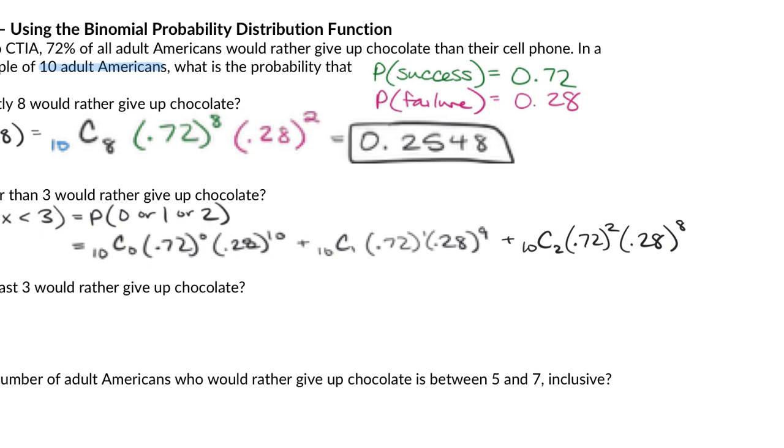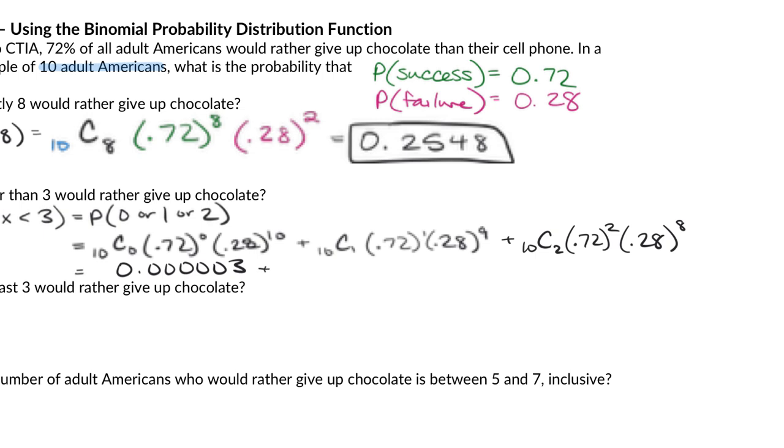I recommend for this one, on your calculators, just do each of the 3 pieces individually and then add them together. So if we do 10 choose 0 times 0.72 to the 0 times 0.28 to the 10, you get a very, very small decimal. Round that to 6 decimal points so we at least have a significant digit.